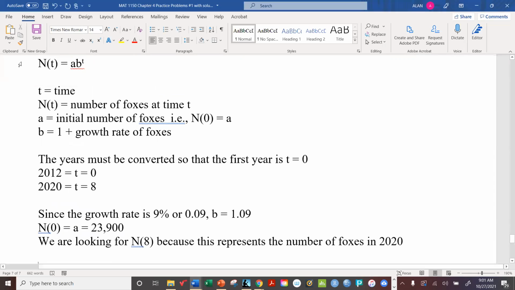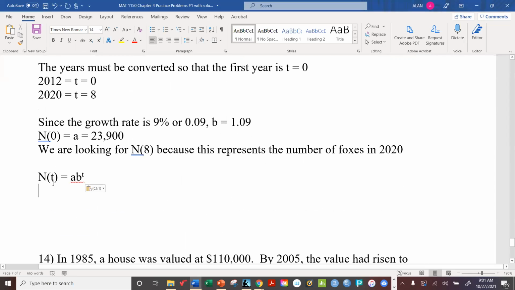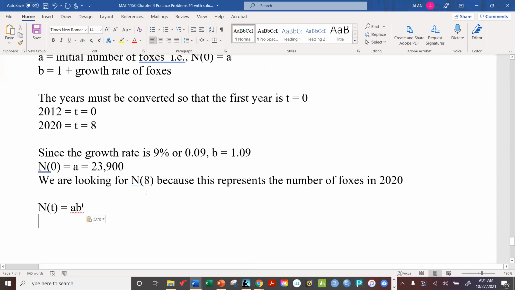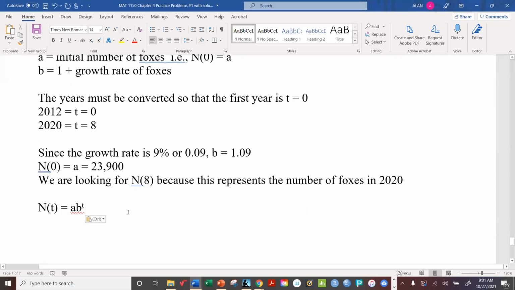So let's plug in some numbers. If this is our original function, we know the values of a and b. We can replace this with 23,900 times 1.09 to the t power. And then we can solve for any year we want.